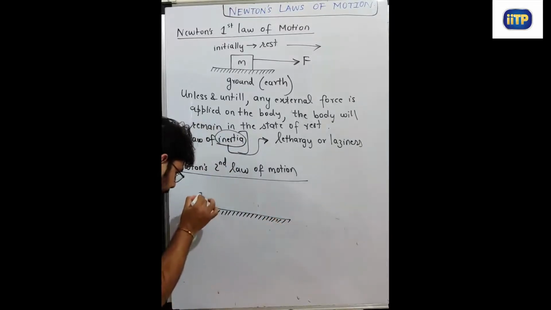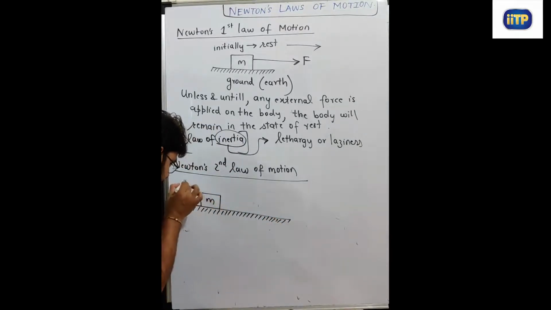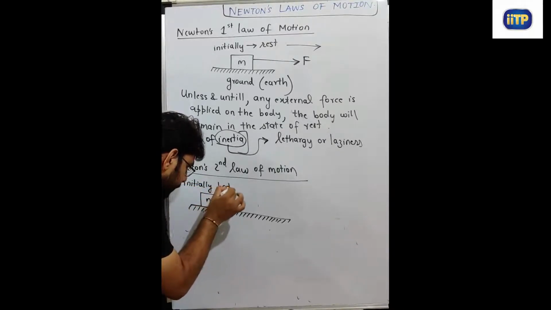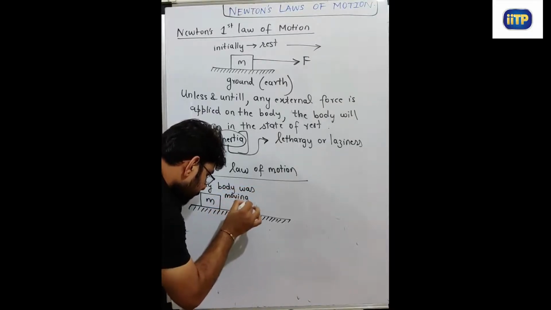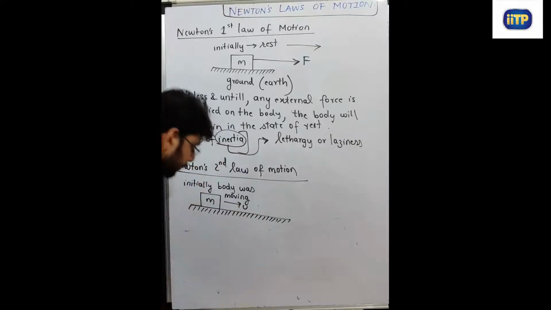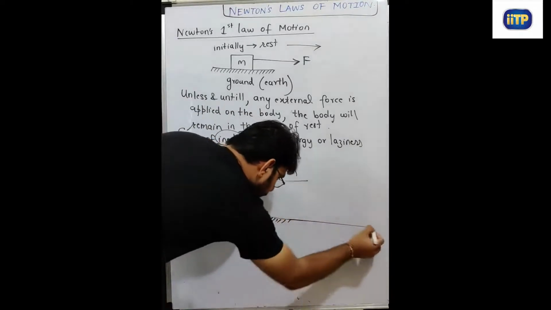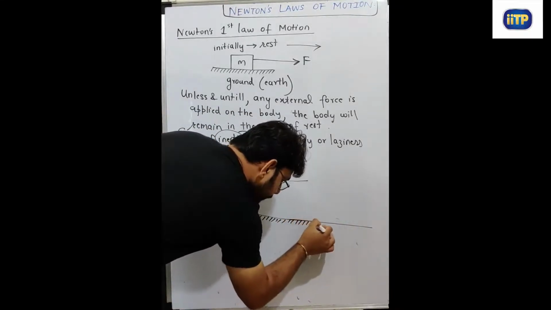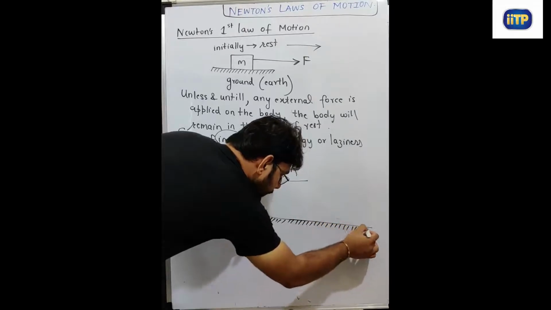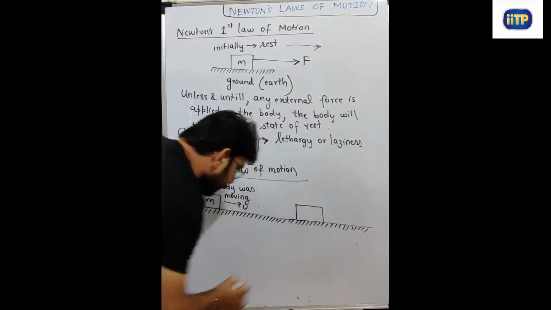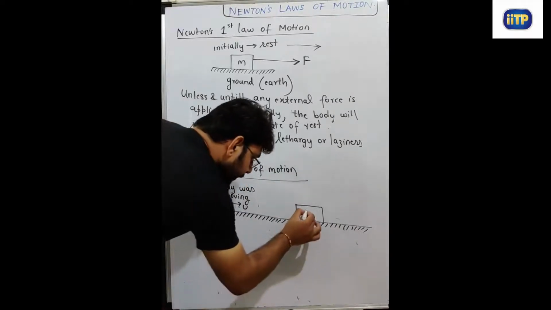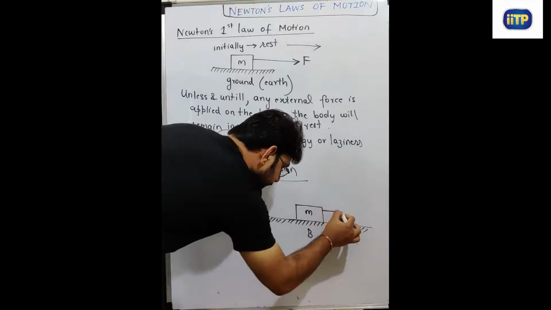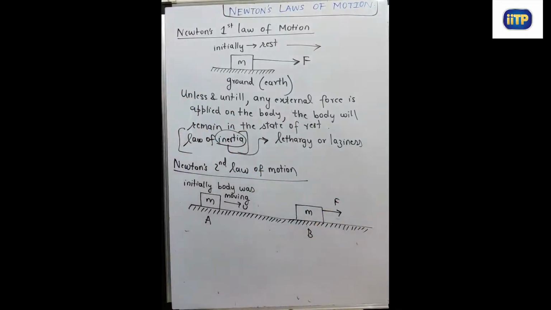Now let me say that the body was initially moving with velocity u, let's say, and let's say at some point of time, it was here at A, and at some point of time B, there is an external force F which has been applied on the body.